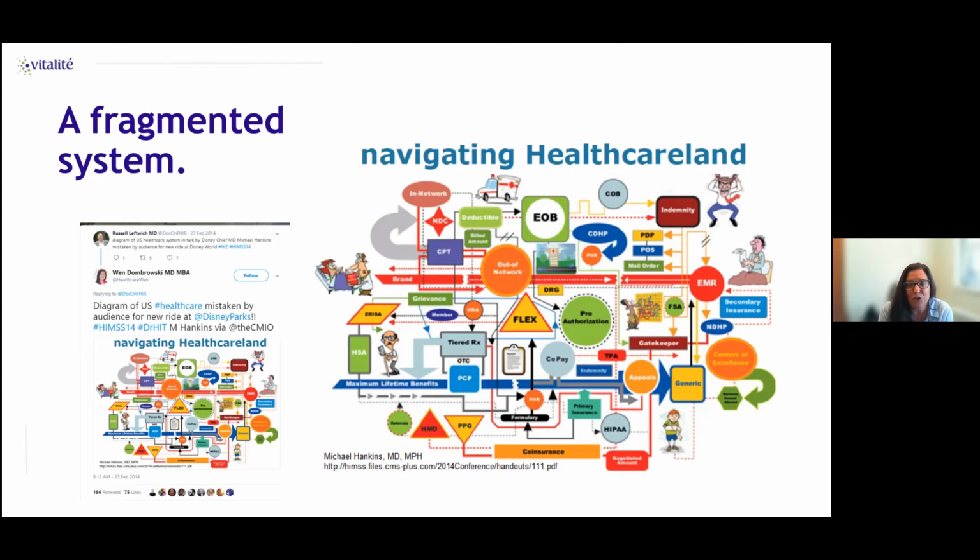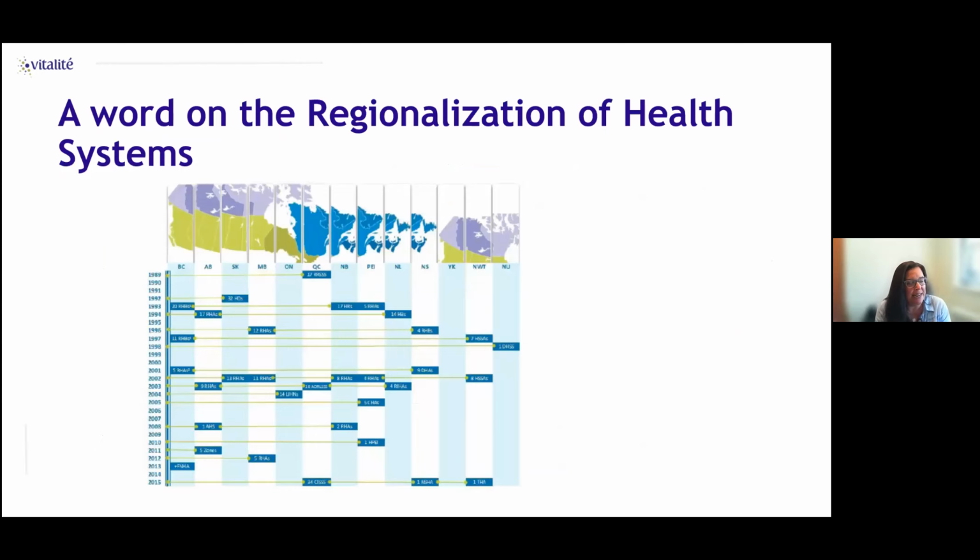So let alone trying to build a culture or capacity around research, we needed to build engagement towards Vitalité as a network. And that's been described in literature, and it brings me to the fact that we need to take a bit of time to realize that the regionalization of health systems has had an impact across the country. Every health system in the country has regionalized to some extent.